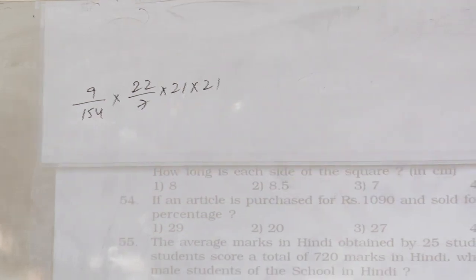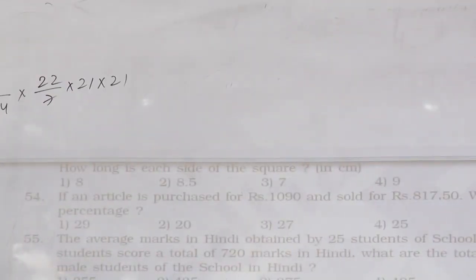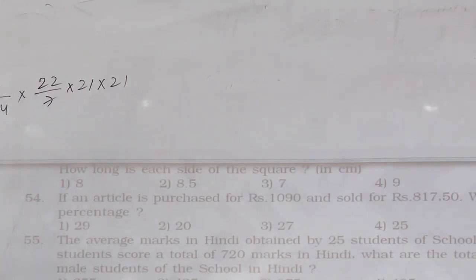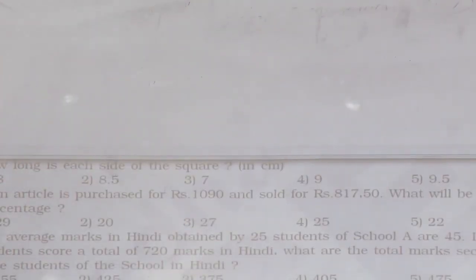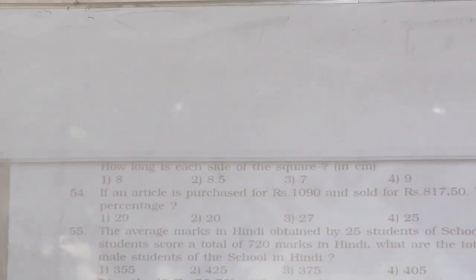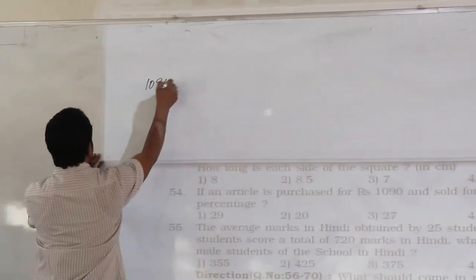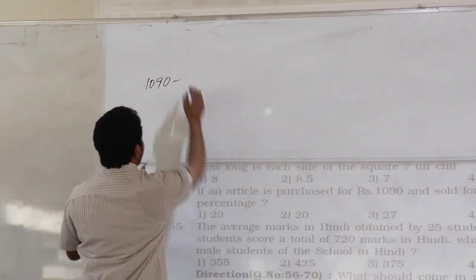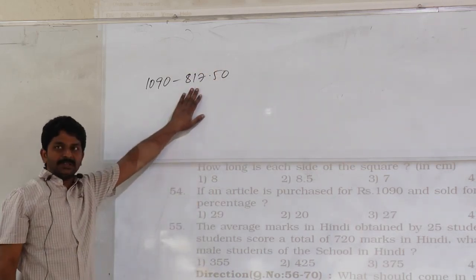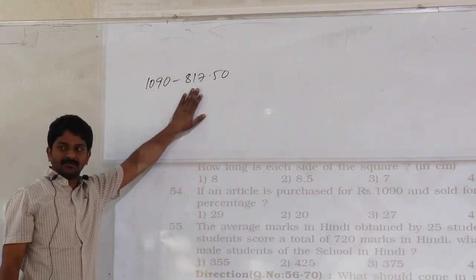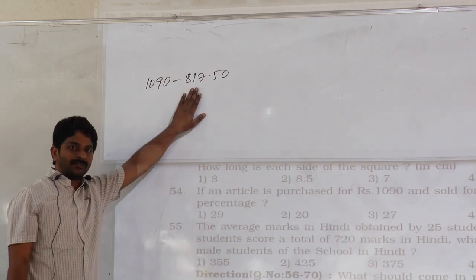If an article is purchased for 1090 and sold for 817.50, what will be the loss percentage? You are asked about loss percentage. What is the loss here? The difference between 1090 and 817.50. Instead of this, you subtract 820 and then add 2.5.